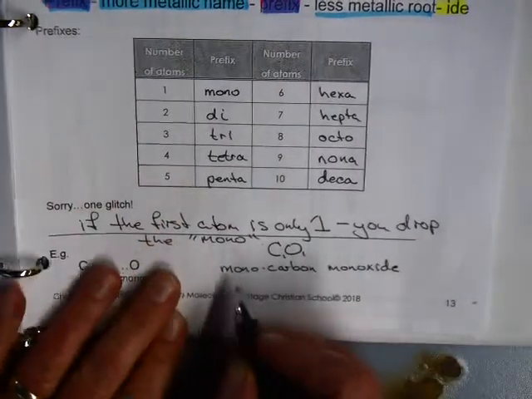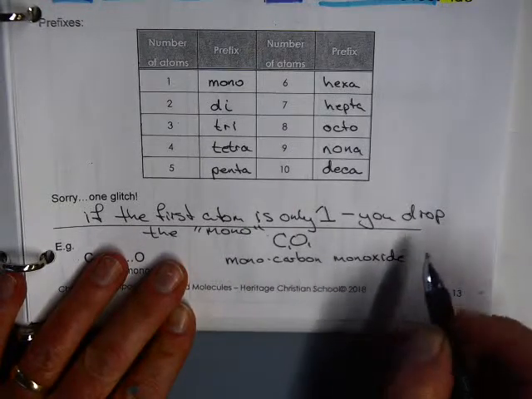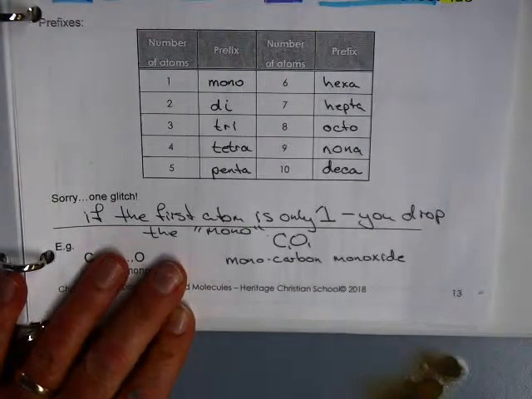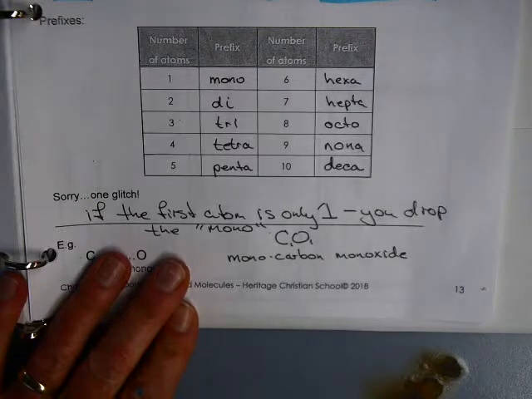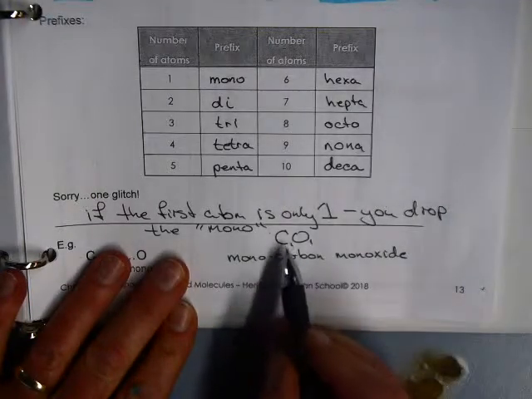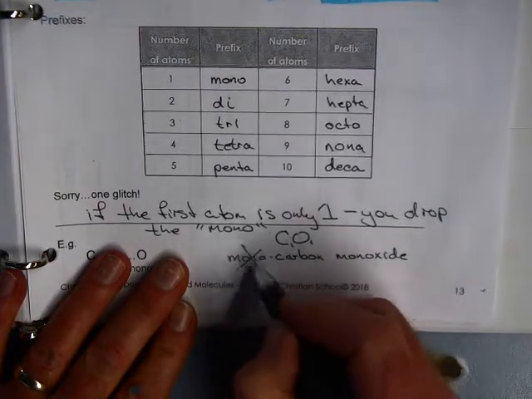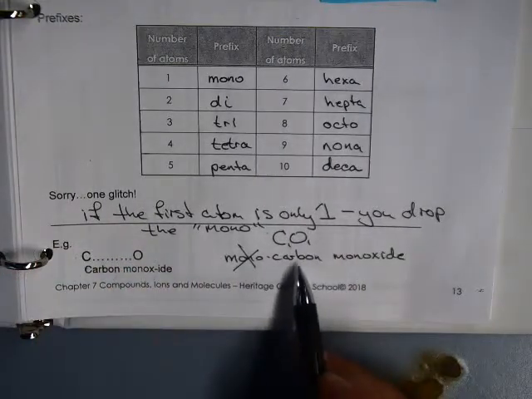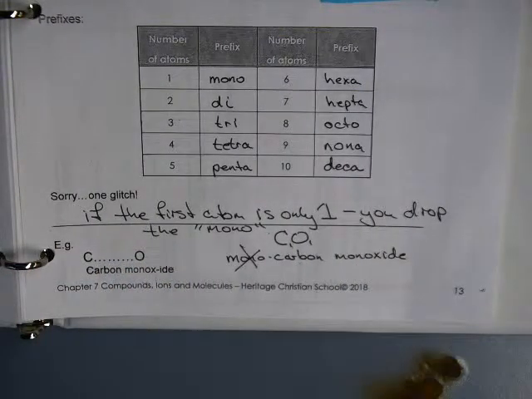This is what, strictly speaking, you would write. But the glitch, the one weird rule, is that if this is 1, you drop this guy. So this becomes carbon monoxide. You guys have probably all heard of carbon monoxide. It kills people because hemoglobin would rather pick up carbon monoxide than oxygen. It preferentially binds to carbon monoxide.